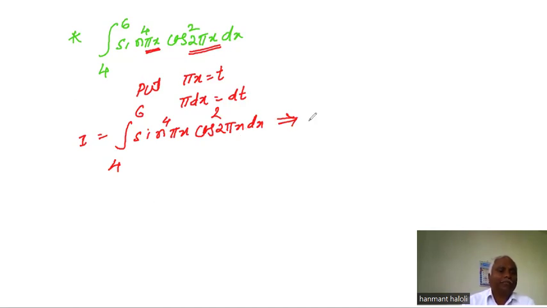Now here π dx is there, so I'll write dx = dt/π. Here in place of this dx, I'll write dt/π.